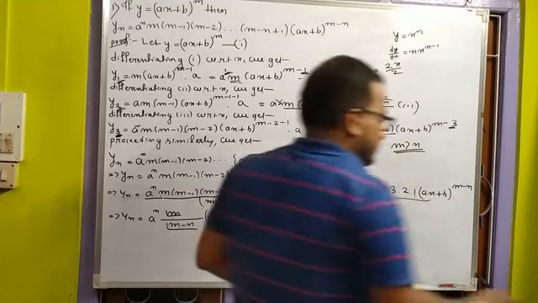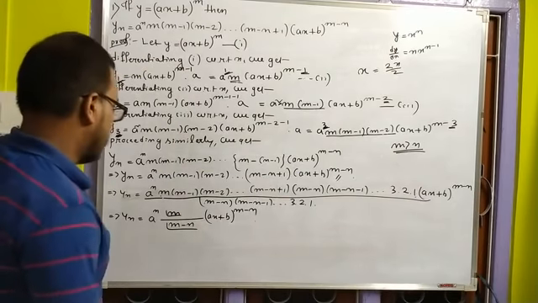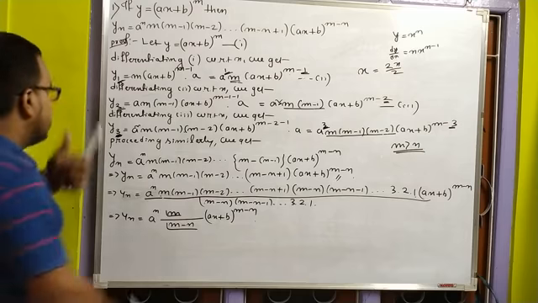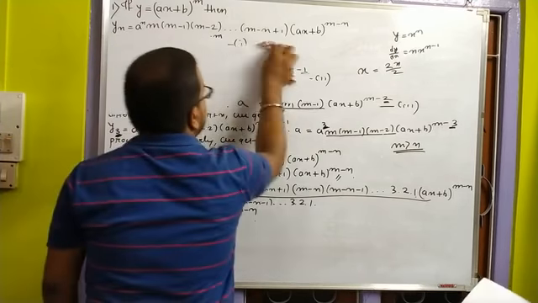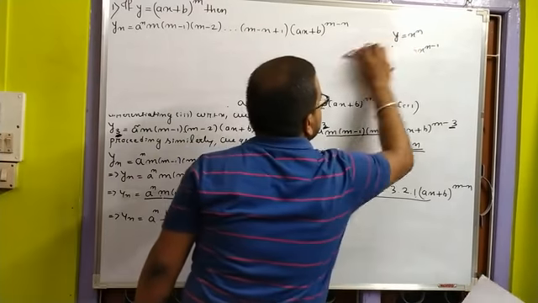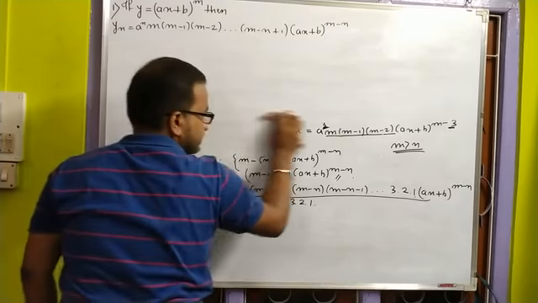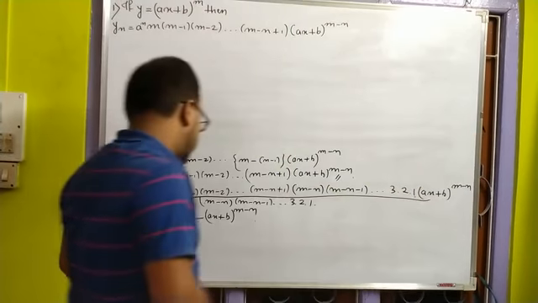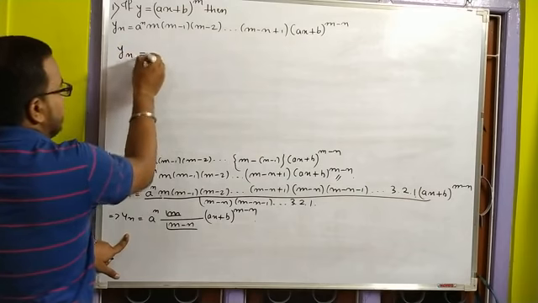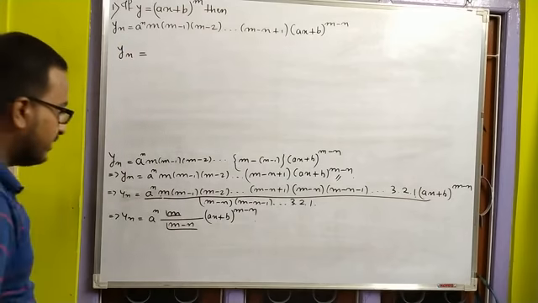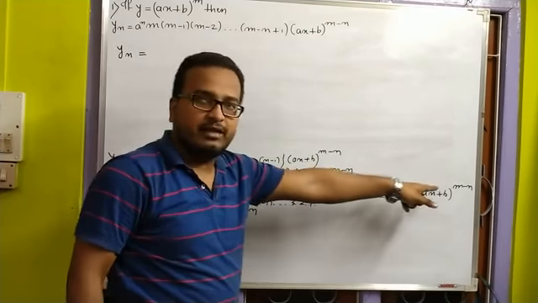Now let me reach this upper part, because I need some place to solve this one. Now you see, y_n equals, yeah, it will happen when m is greater than n, right?